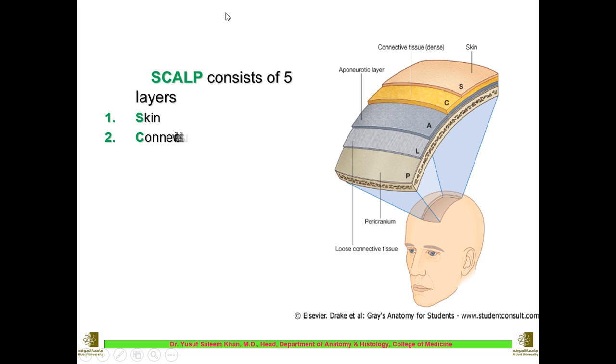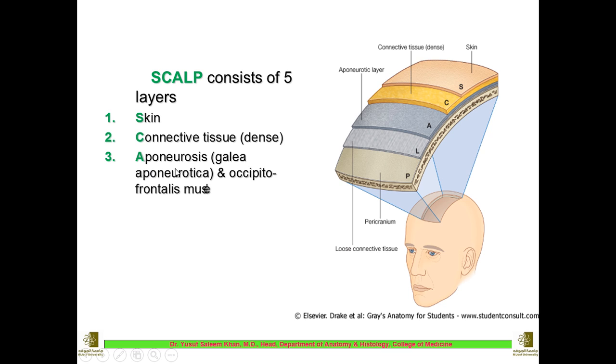Then the second letter is C, and it stands for connective tissue. This connective tissue is much more dense compared to one more layer where it will be loose. The third letter is A, and this stands for the aponeurosis of the occipitofrontalis muscle.